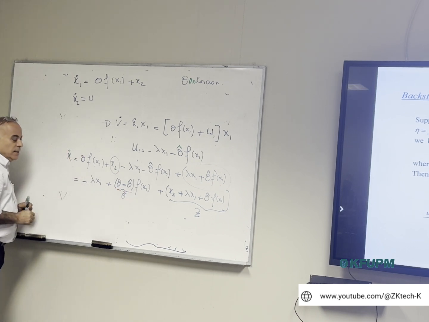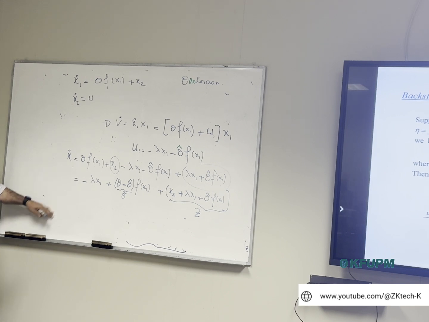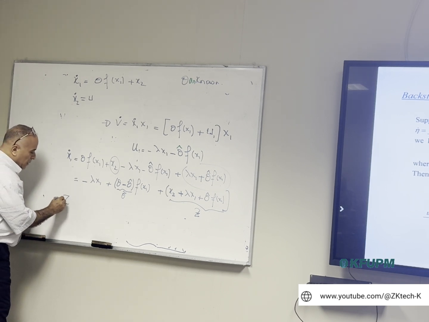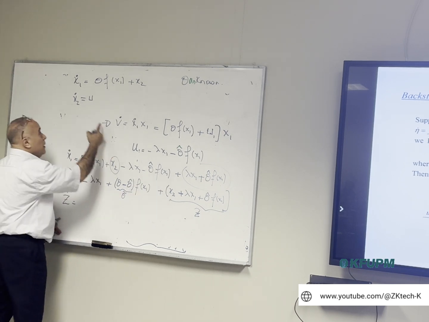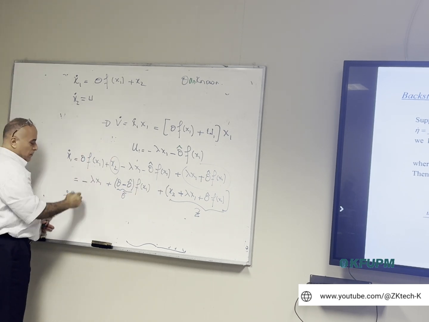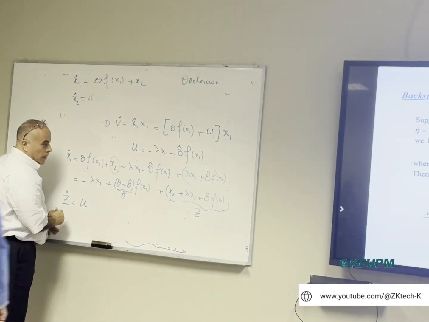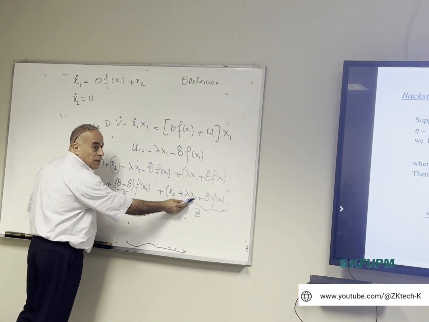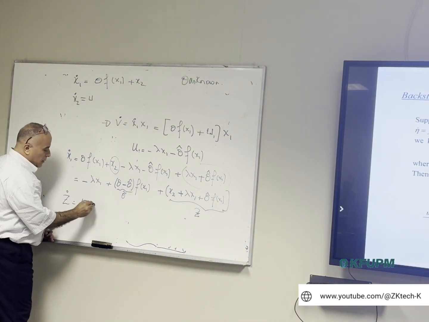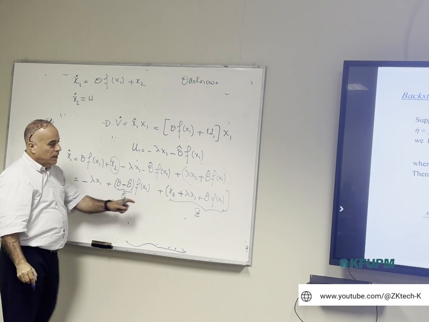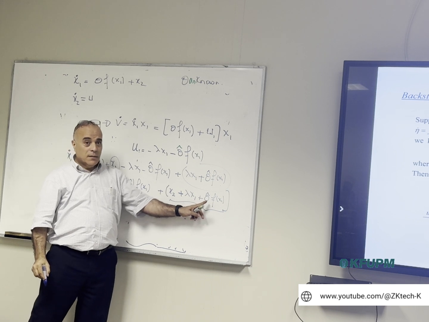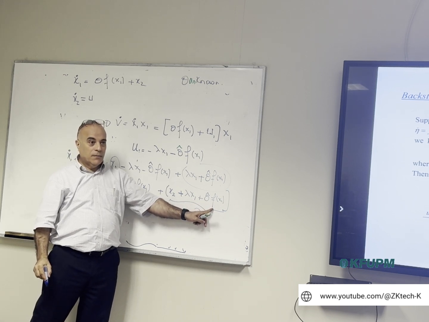So if I take the derivative now of z, z prime, it will be equal to x2 prime, in this case equal to u, plus the derivative of this term, so plus lambda times x1 prime, plus the derivative of this term.